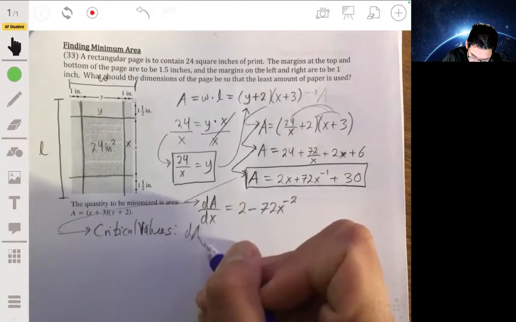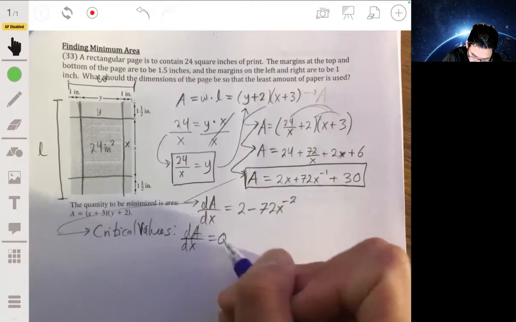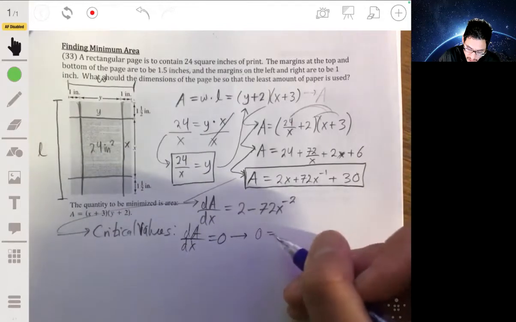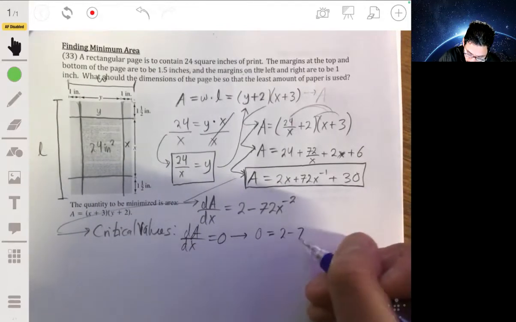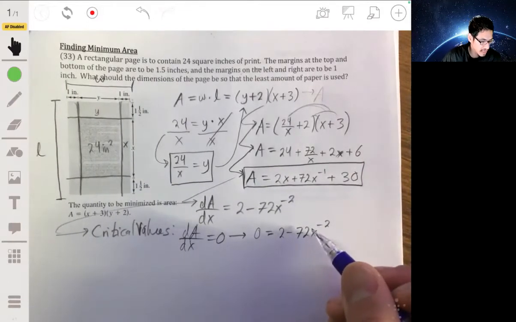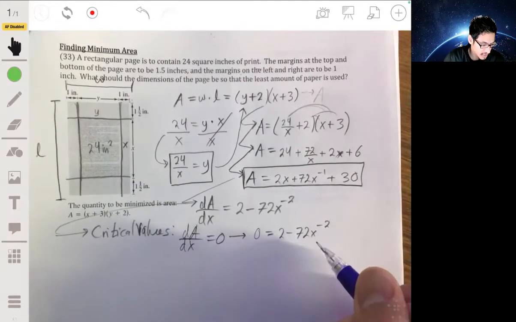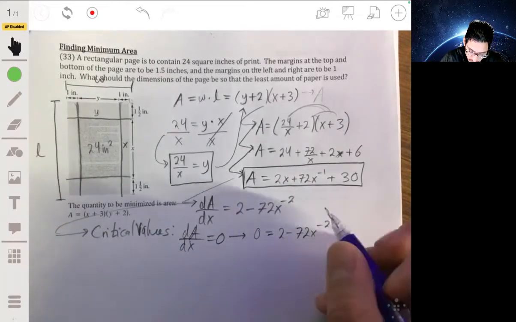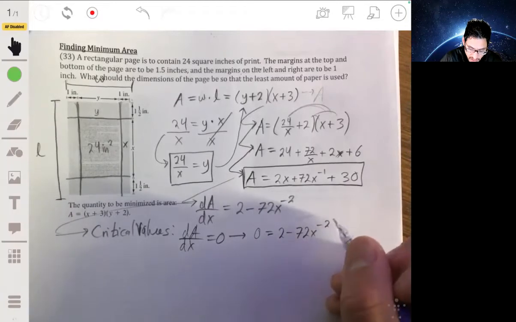So find where this is equal to 0, or where it's undefined. So 0 would then be 2 minus 72x to the negative 2. Solving for x, we add 72x to the negative 2 to both sides.